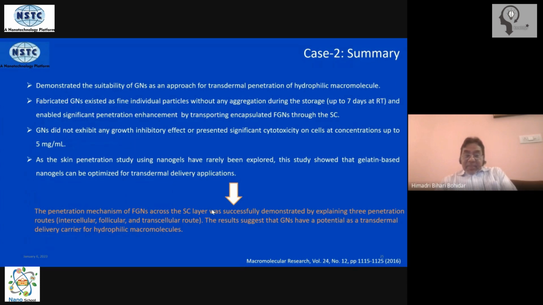The skin penetration study that we see here, and the data, tells us that the penetration is much, much deeper in the case of a nanogel-based delivery. This opens up a new possibility of transdermal delivery of drugs using nanogels, where nanogels can be a good platform for carrier of these drugs.